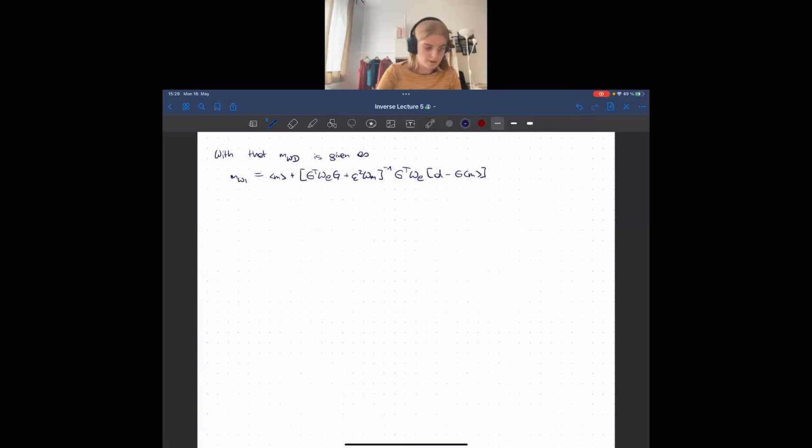This is one possibility. Here's the second possibility. We still start with the expected M, but then we start with the weighting matrix of the minimum length, and then we have the usual stuff here.